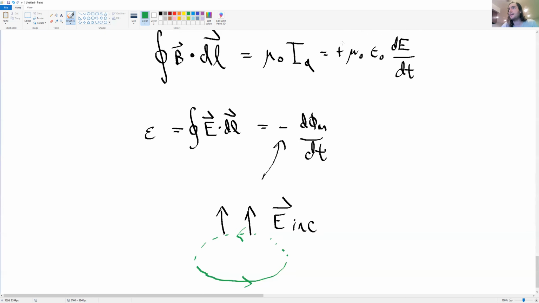You recognize here that there is no minus sign in Ampere's law like there is in Faraday's law. So when you're looking at a time-changing magnetic field, you always have to remember the minus sign and oppose the direction of the change. When you're looking at a time-changing electric field, you simply apply the right-hand rule in the direction of the change.